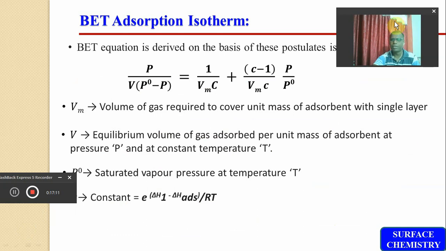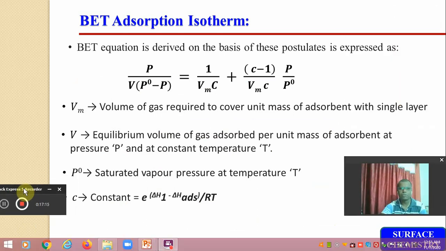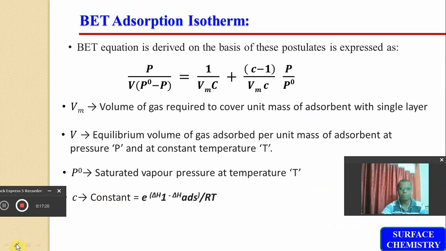So with the help of these assumptions, the statements of the BET adsorption isotherm, the equation for the BET adsorption isotherm is given by these three scientists.